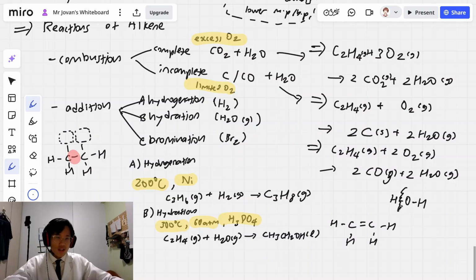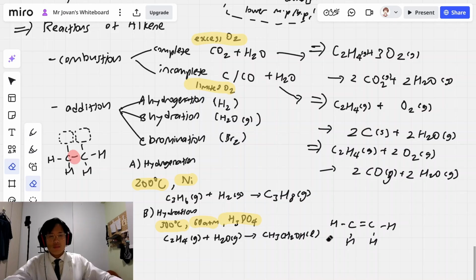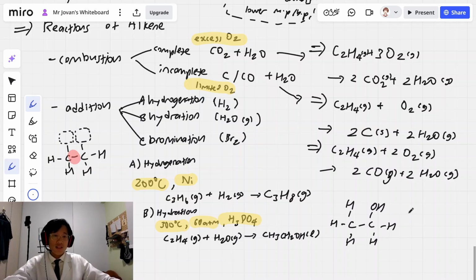You break the water up into H and OH, then you insert it in. Break the double bond, because I want to add the H and the OH from the water. I break it and then send it in.